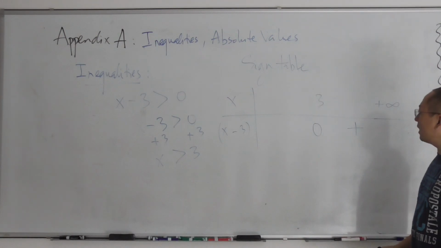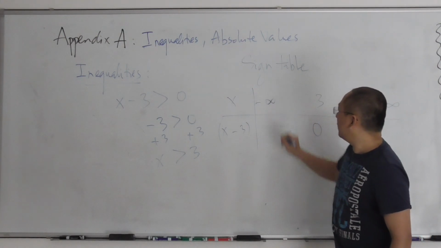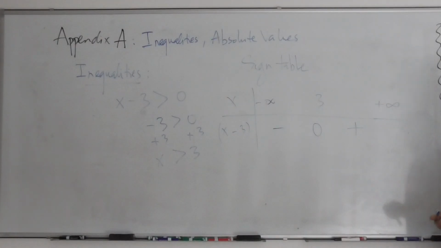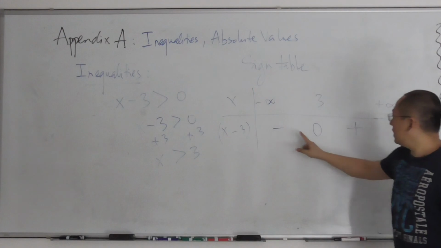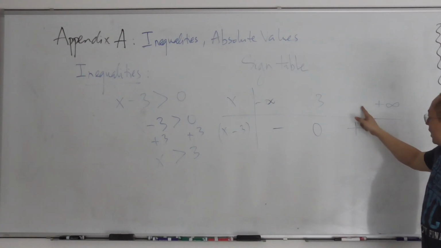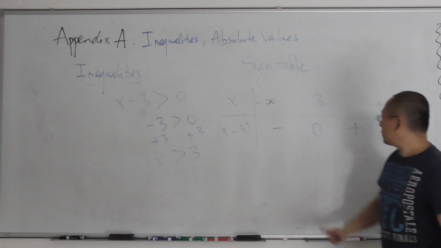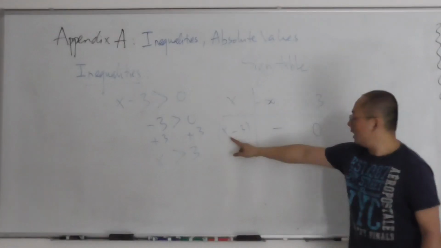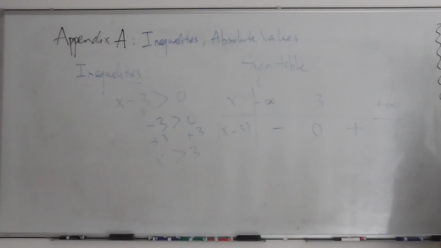Similarly, if you plug in something less than 3, all the way to negative infinity, the sign of x minus 3 will be a negative number. And the whole thing that you see right here is called a sign table. And this tells you what? When x equal to 3, that term is 0. When x is bigger than 3, that x minus 3 term will be a positive number. When x is less than 3, the x minus 3 will be a negative number.